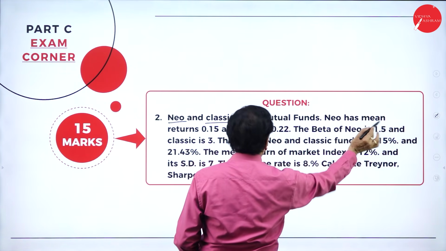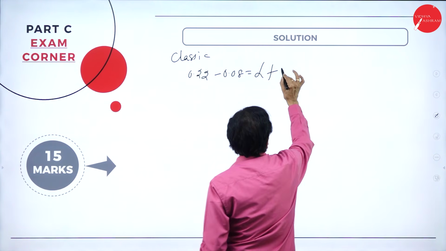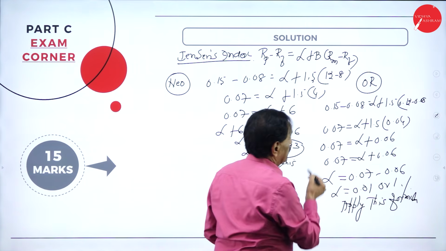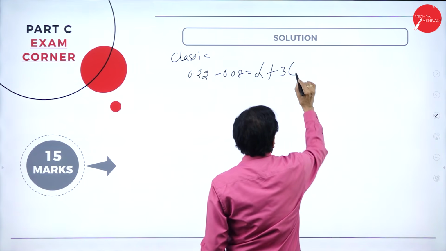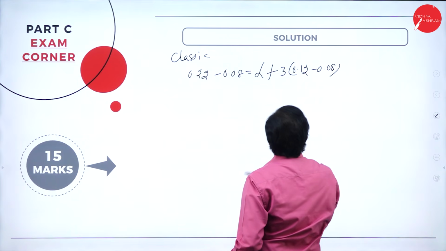The beta of Neo is 1.5, that of Classic is 3, into the return on market, 0.12 minus 0.08.